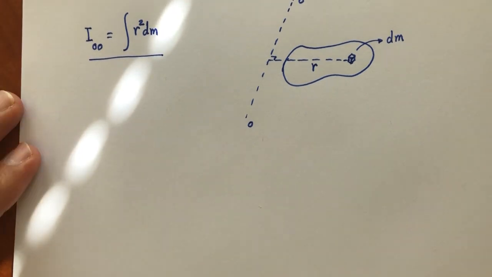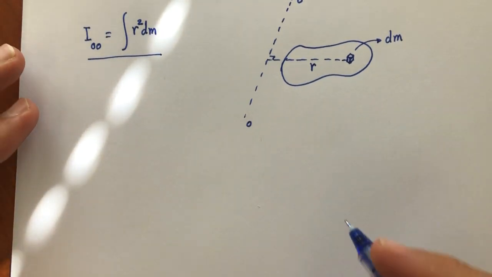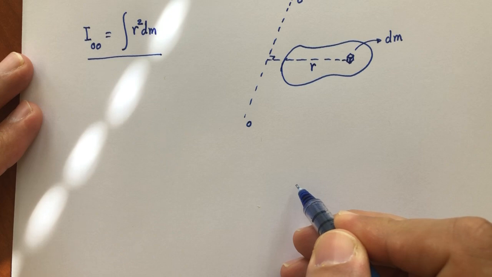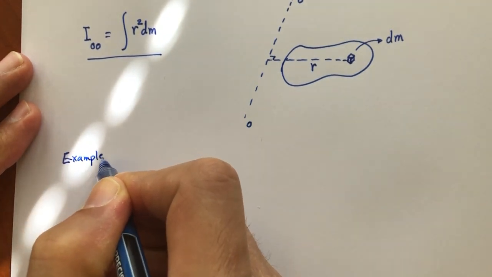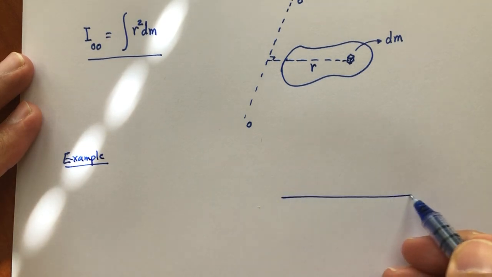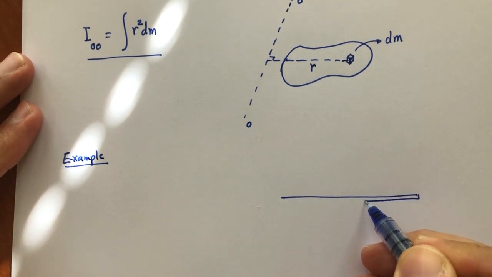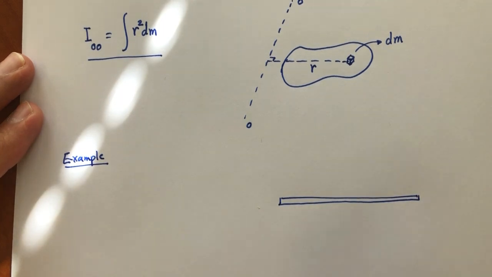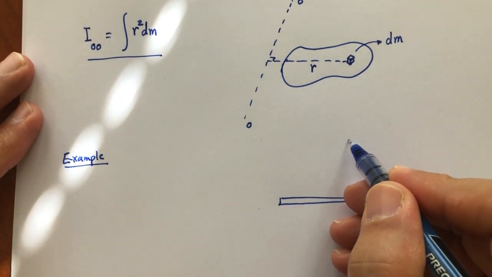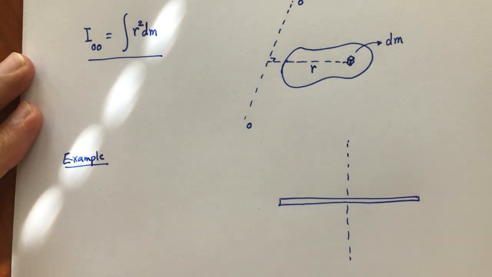Probably the simplest one is just a simple rod. So let's say we have a tiny, uniformly distributed mass rod, and I want to find the moment of inertia about this axis.